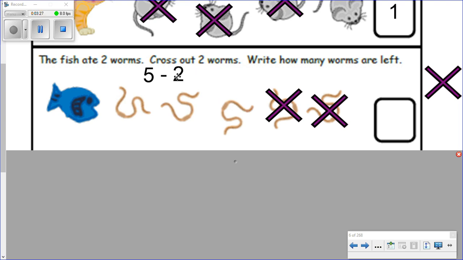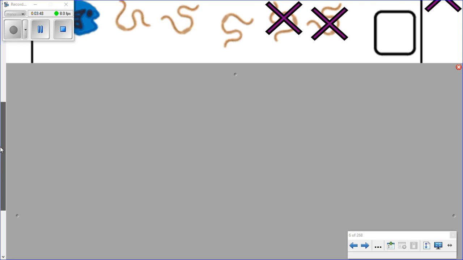And now let's see how many are left. 1, 2, 3. So that equals 3. And there we have our number sentence to match this story. All right, I've got another one.